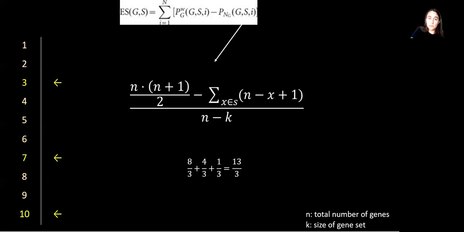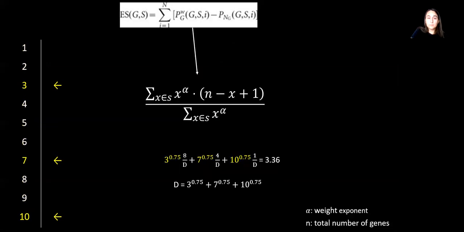The first part is similar, but we introduce a weight for each term. The weights are the ranks of the genes corresponding to the term raised to an exponent alpha, and also the denominator is no longer the number of terms, but the sum of the weights.